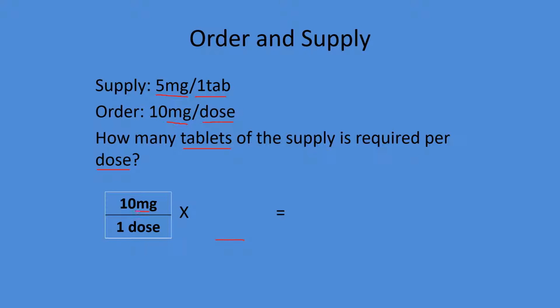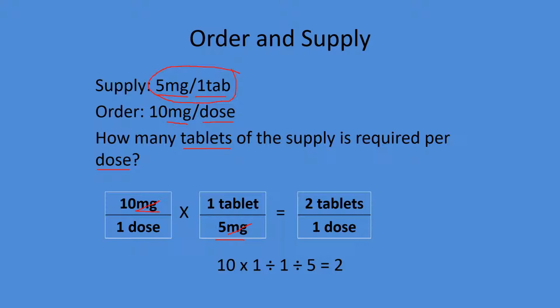What units do we have here? Milligrams. So what do we want at the bottom? Milligrams. So your supply is your conversion factor. Use it the exact same way. So milligrams cancel out. So do you multiply or divide? Divide. Very good. So 10 divided by 5 is 2 tabs.